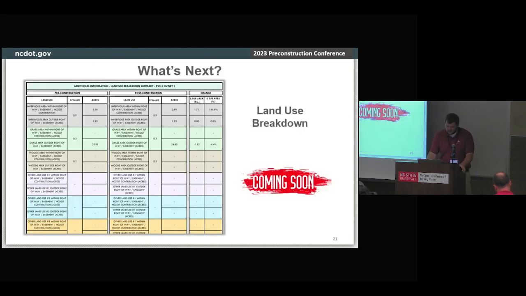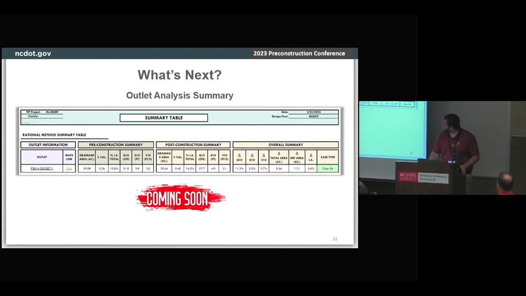So what's next? Well, we're going to start incorporating the land use breakdown. Right now, it wasn't built into the original tool. We're hoping that this update comes out in the next month or so. It'll be version 1.1, but at the end of your summary from your outlet analysis table, it will now print out all of your input data from the drainage area input.